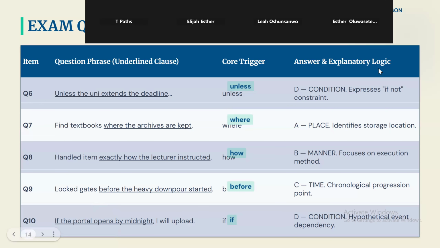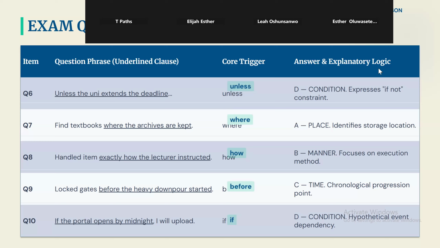The next one, if the portal opens by midnight, I will upload. So easy. What's the trigger word there? If. So that's a hypothetical event, dependency.